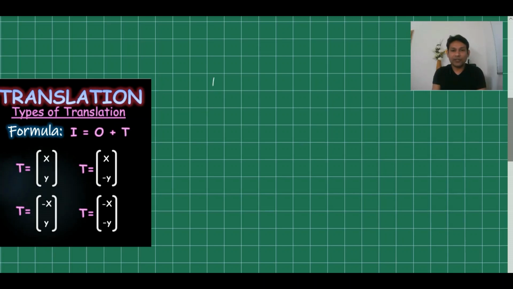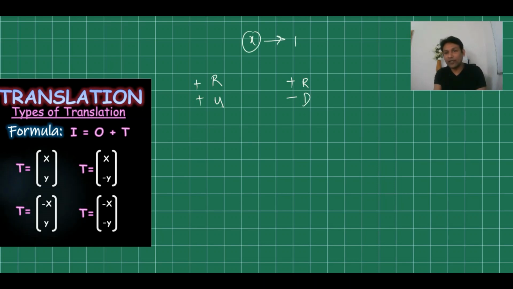Both positive means right and up, because x is positive and y is positive. This is the first type. Here x is positive and y is negative, which means right and down. Because x means you move right or left, and y means up and down.